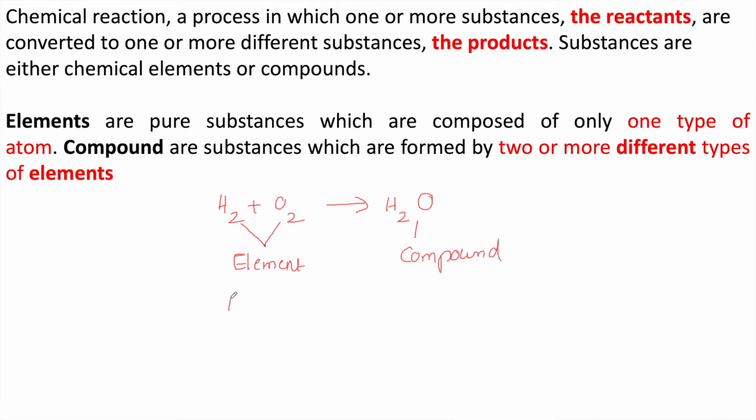If I write one more example like MgCl gives Mg plus Cl2, in the reactant side it is a compound, but in the product side they are elements. So elements and compounds can come on either the reactant side or the product side. It is not particular.